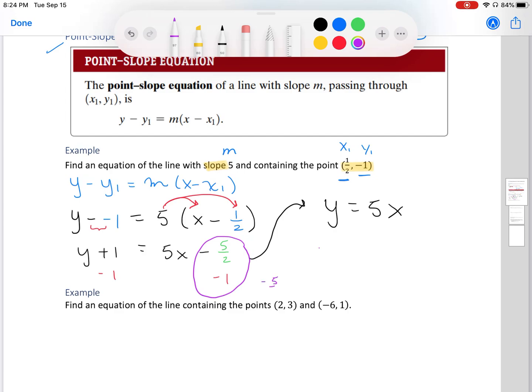We have negative 5 over 2 minus 1. Well, we need a common denominator. So we write negative 5 over 2 minus 2 over 2. So we have negative 7 over 2. And that is our answer.